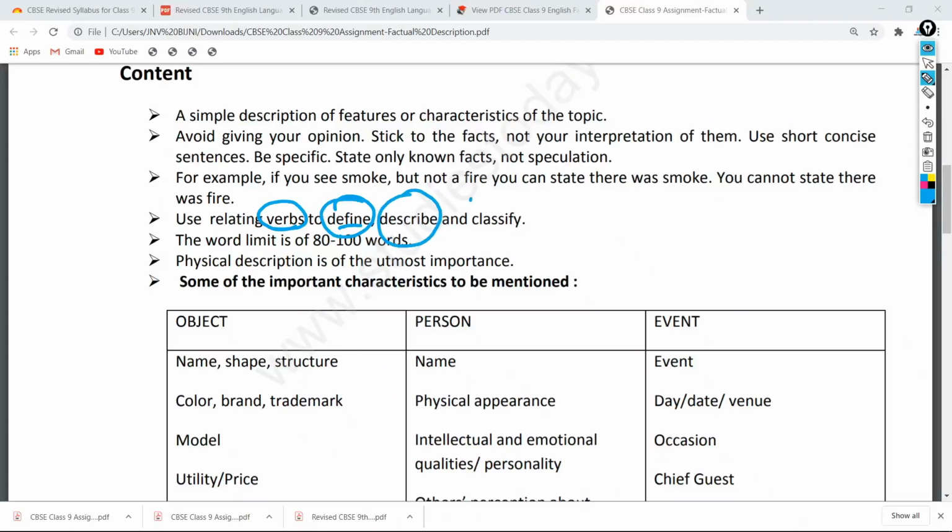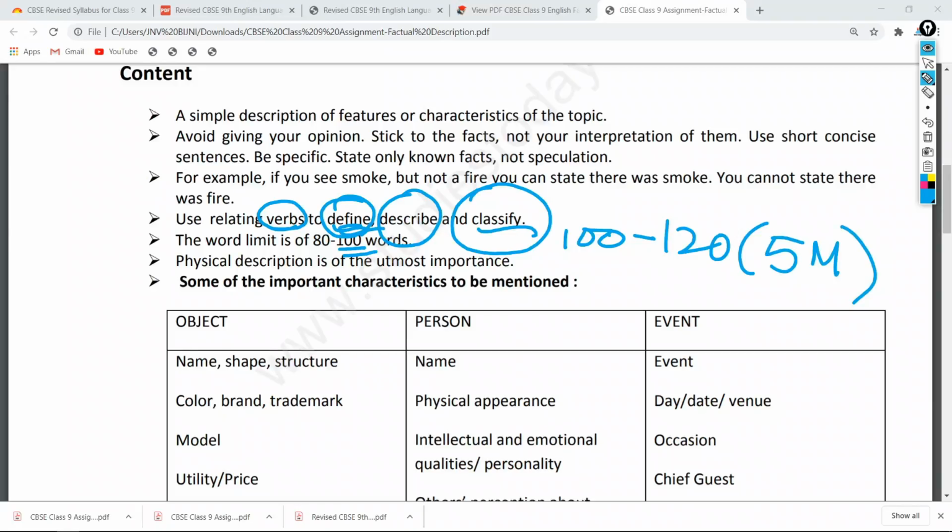You are to describe, to define, to classify, just by using verbs that give the description, the classification and the definition. The word limit for this one should be 100 to 120. The marks will be 5 marks only.